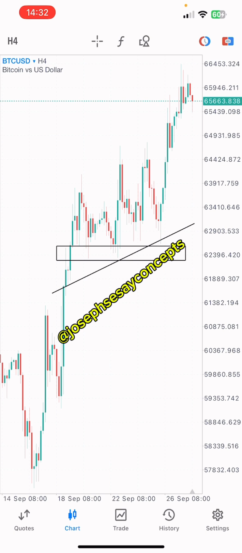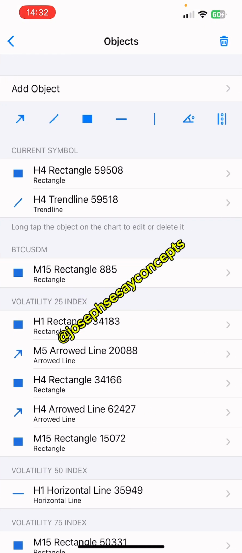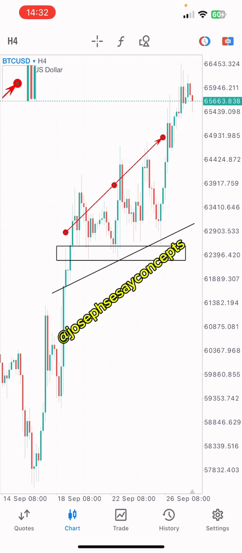Now one thing I want you to pay attention to is that when you are trying to grow your small account, the higher time frame like H4 and the 5 minutes should be your two key time frames. What do I mean by this? So now we see the market is trying to drop. You see just these two red candles here, bearish candles, which means the price of Bitcoin is dropping to the downside.